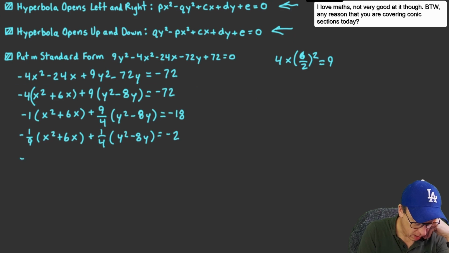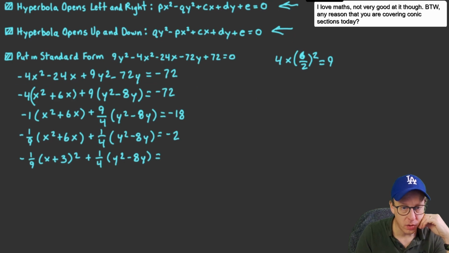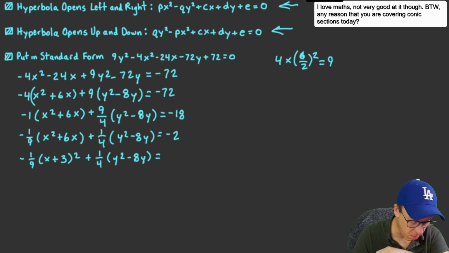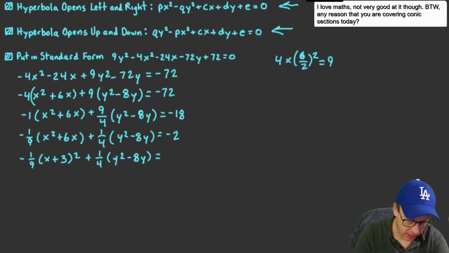And so we'll say 1/9 (x + 3)^2 plus 1/4 (y^2 - 8y). What you have to do here is multiply the 1/9 by 9, and then add it afterwards. So you'll have negative 2 minus 1.